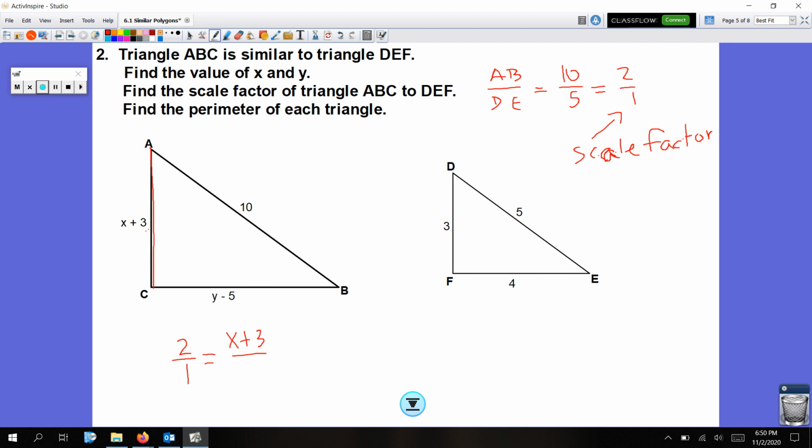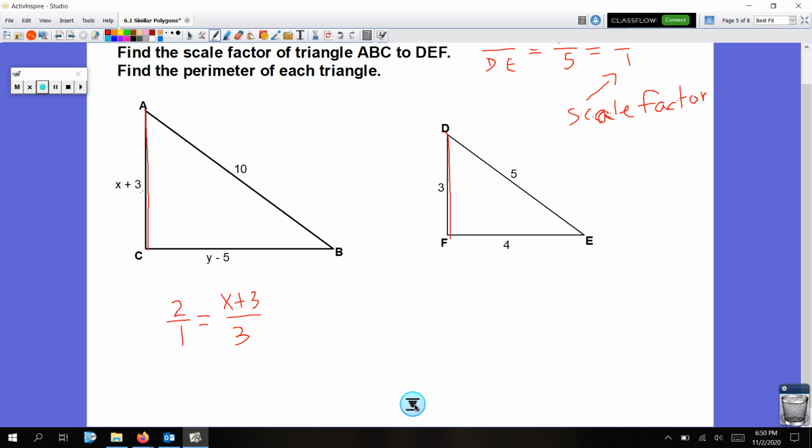AC corresponds to DF. So I'm going to put 3 down here, and then I'm going to cross multiply. 6 is equal to X plus 3. Subtract 3 from both sides, and I get X is equal to 3. When we plug that in, we get 6.